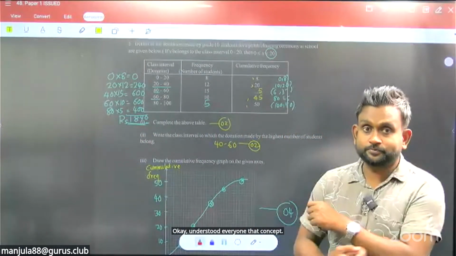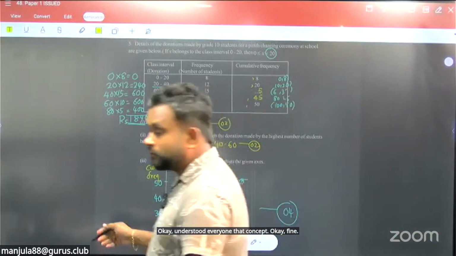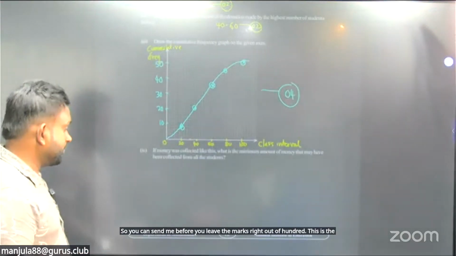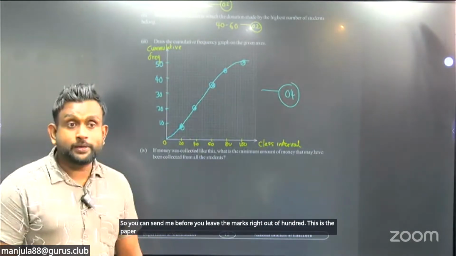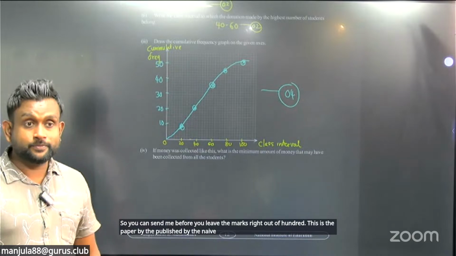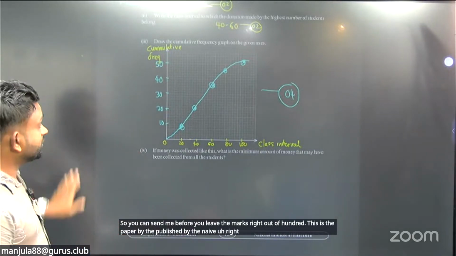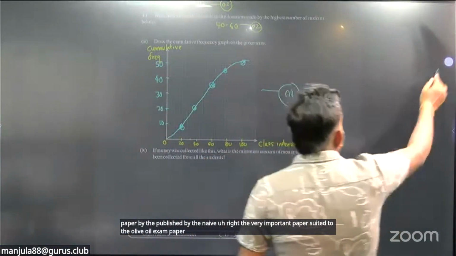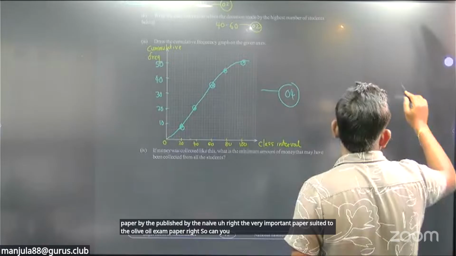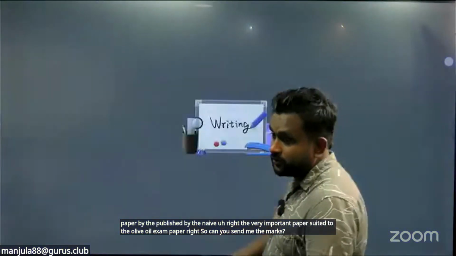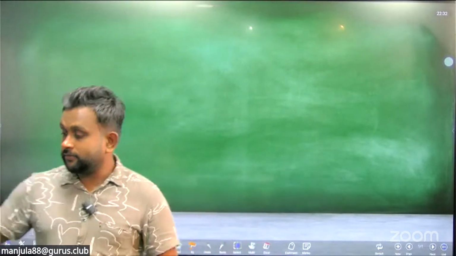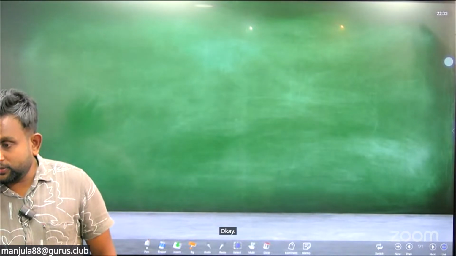Okay, fine. Before you leave, you can send me your marks, out of 100. This is the paper published by the NIE, a very important paper suited to the O-level exam paper. Can you send me the marks? How many marks did you gain? Very good.